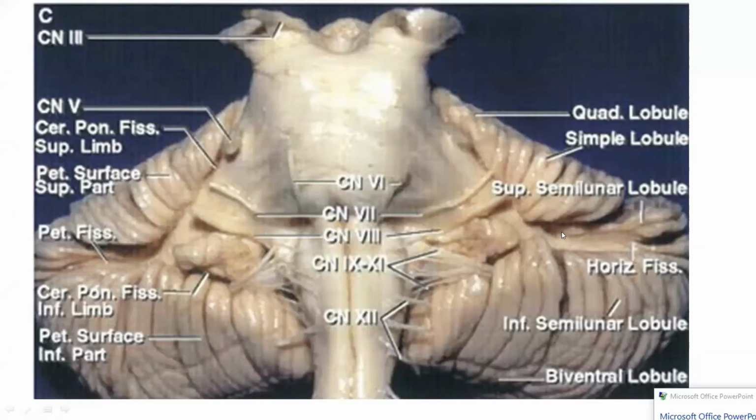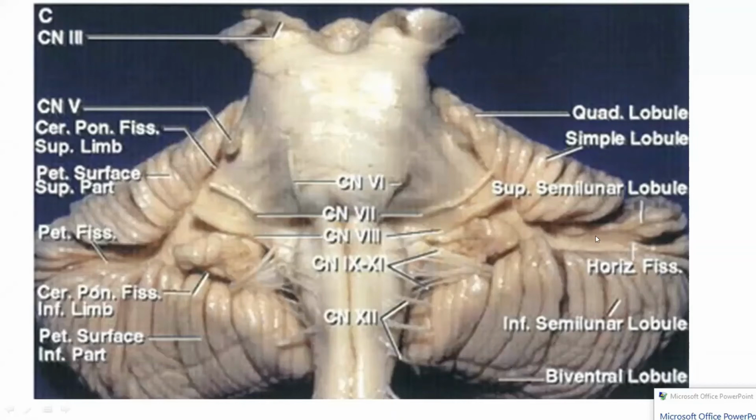These lobules are extensions from the suboccipital surface that also contribute towards the petrosal surface. So this is the quadrangular lobule, followed by the semilunar lobule, the inferior semilunar lobule, and the biventral lobule.